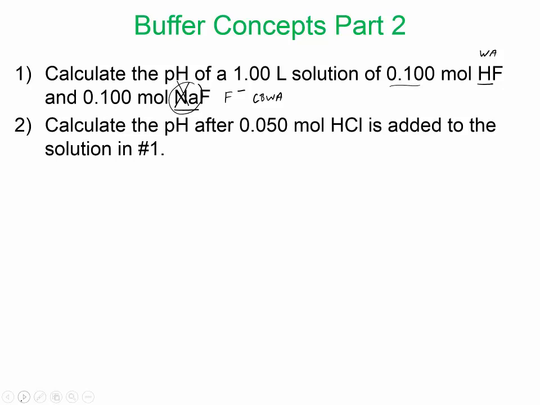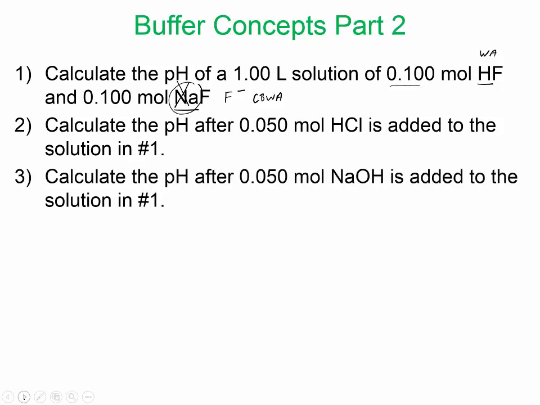Next, it says calculate the pH after adding 0.050 mole HCl. And then in our third calculation, we're going to calculate what the pH would be if you added 0.050 moles of NaOH. So here we're going to add a strong acid, and in the next problem, we're going to add a strong base to this mixture.